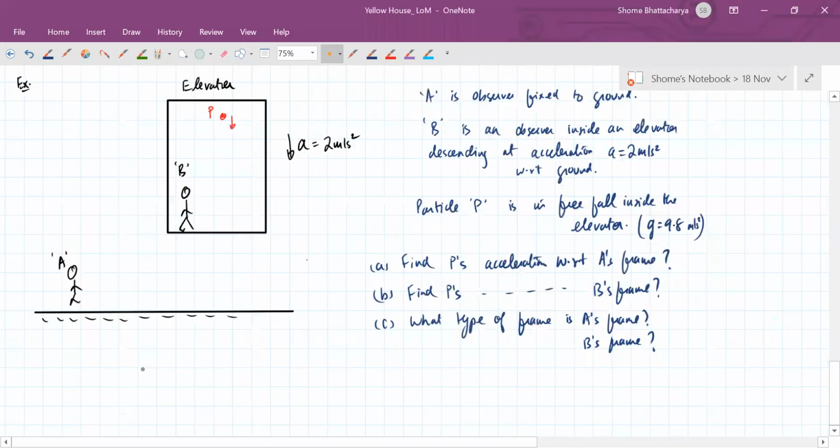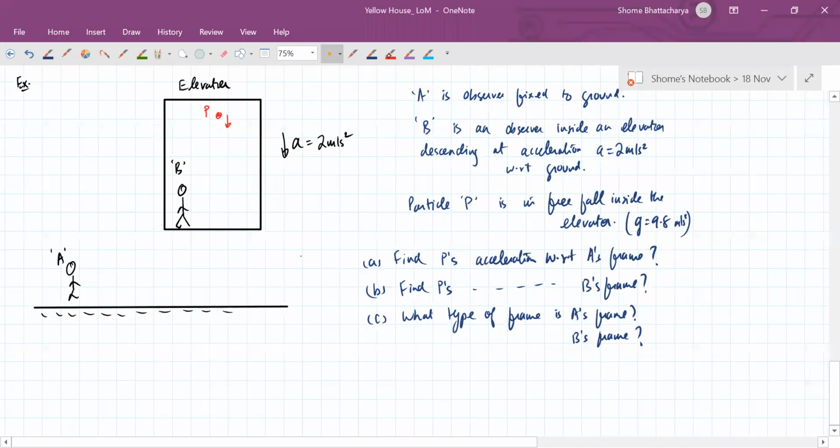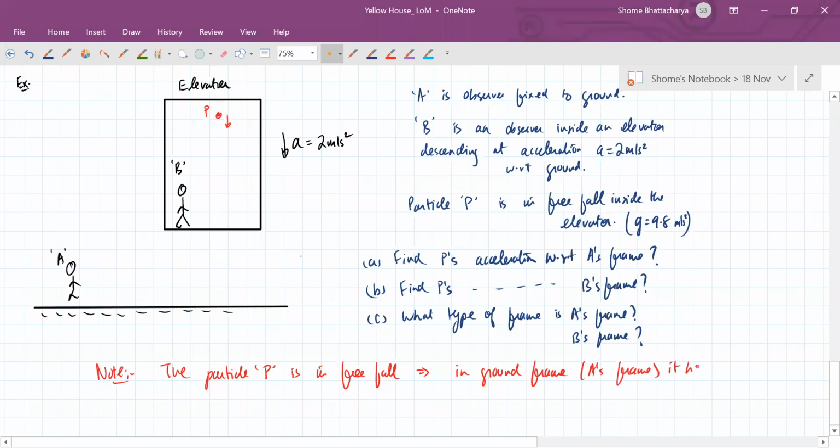So basically, here the particle P is in free fall. That basically means that in the ground frame, that is A's frame, it has a free fall acceleration equal to g downwards.